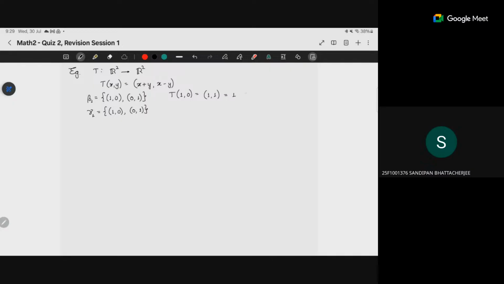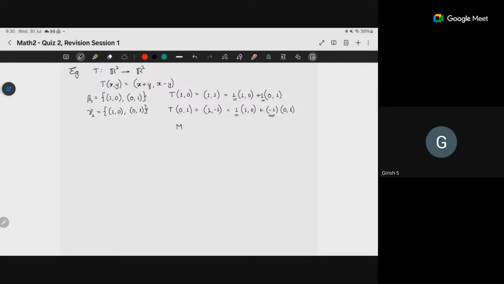In this case, it is easy because I can write this as 1 times (1,0) plus 1 times (0,1). And T of (0,1) is (1,-1), which is 1 times (1,0) plus minus 1 times (0,1). Then you have to look at these coefficients.